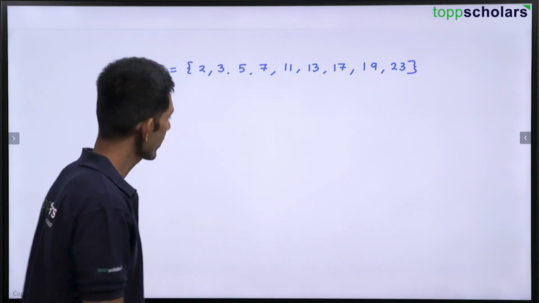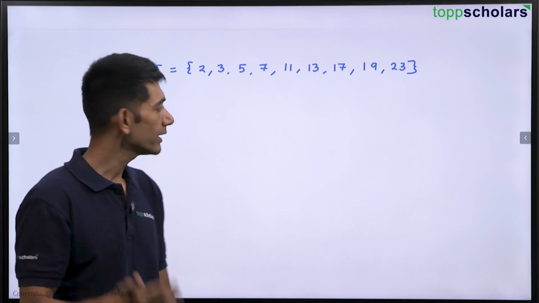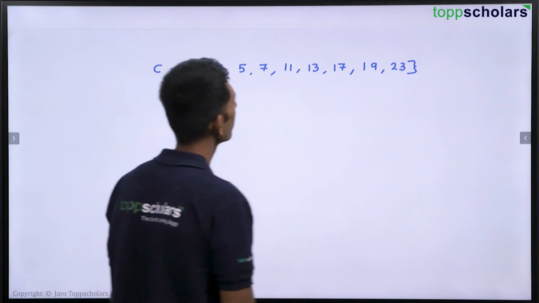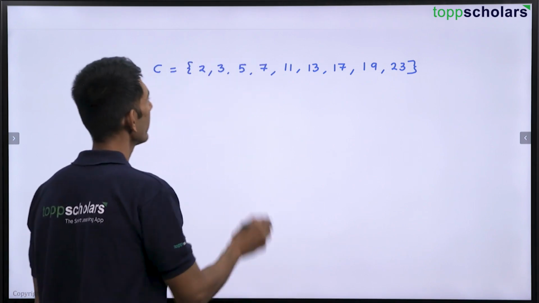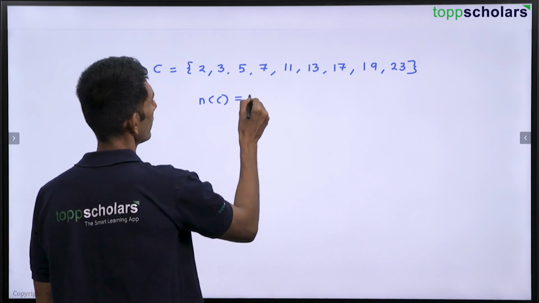Correct? Let's check again. 2, 3, 5, 7, 11, 13, 17, 19 and 23. So 1, 2, 3, 4, 5, 6, 7, 8, 9.